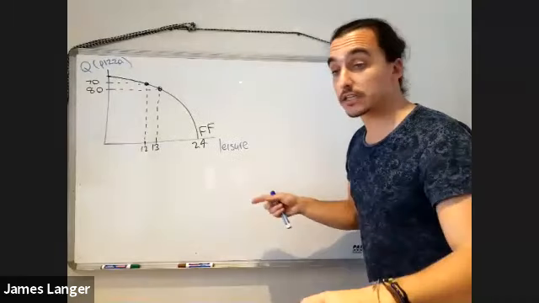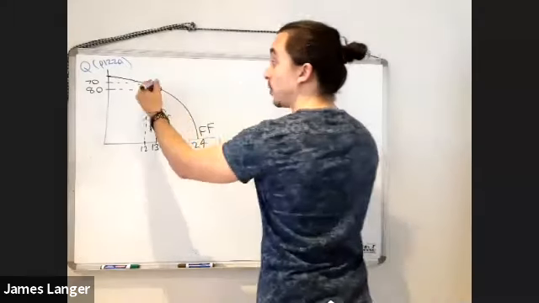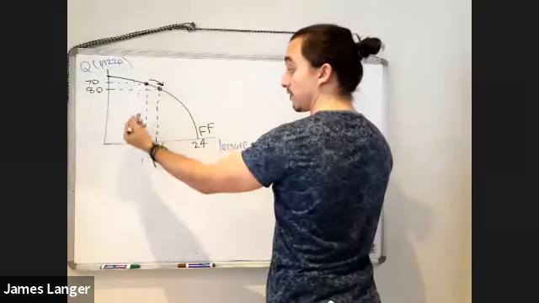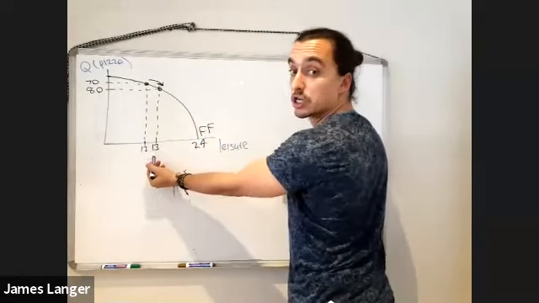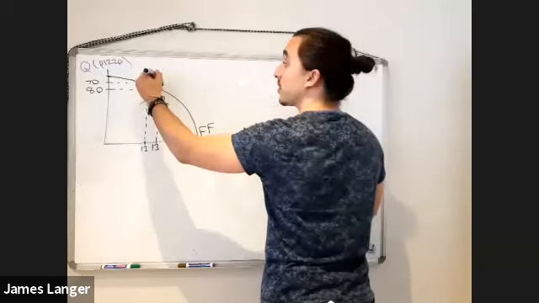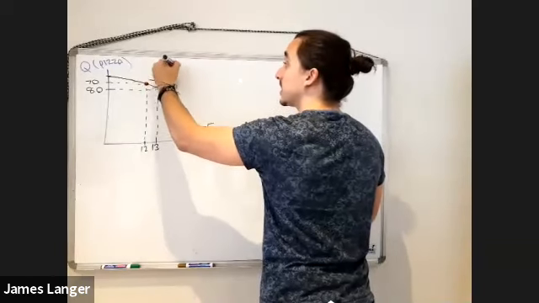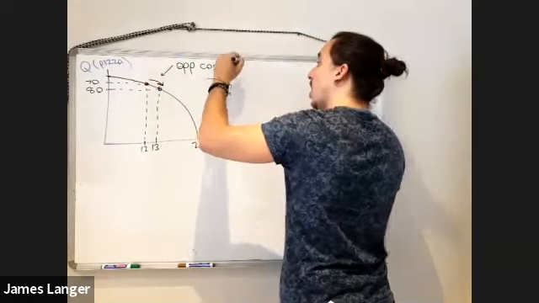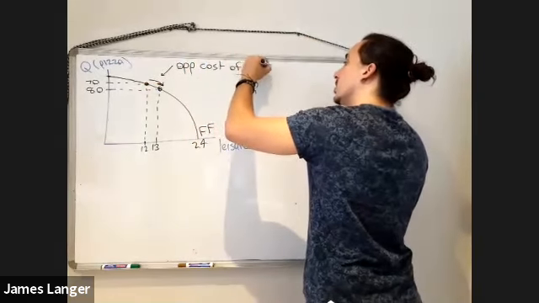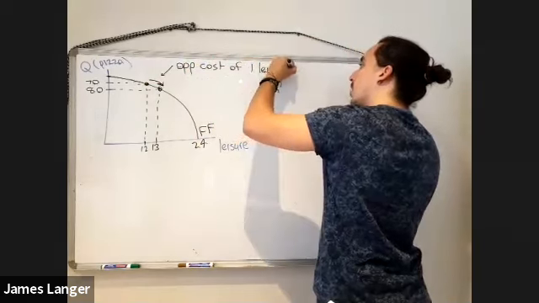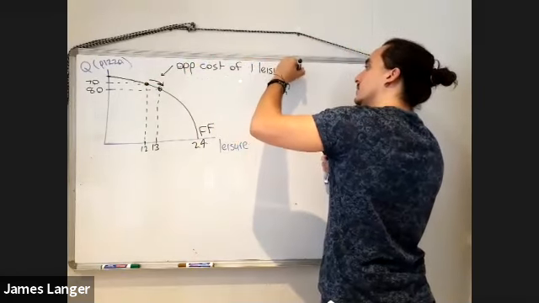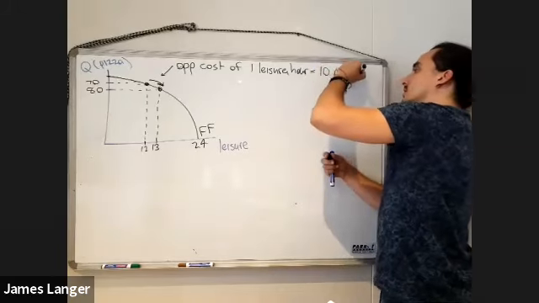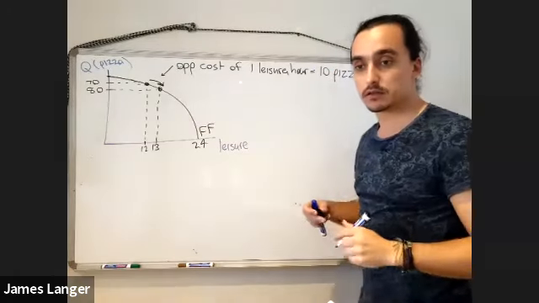So what does this tell us? Along this portion here, if I go from having 12 hours of leisure to 13 hours of leisure, then what I see is that the opportunity cost of 1 leisure hour is equal to 10 pizzas.